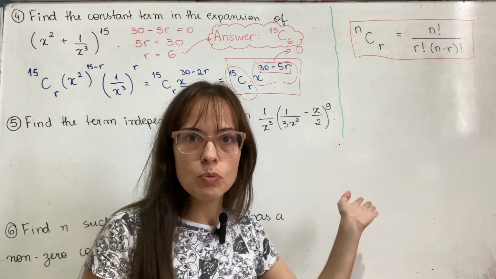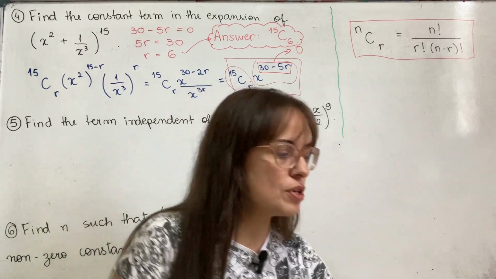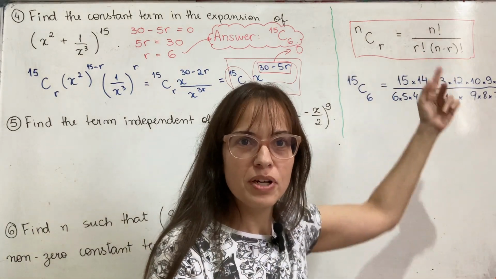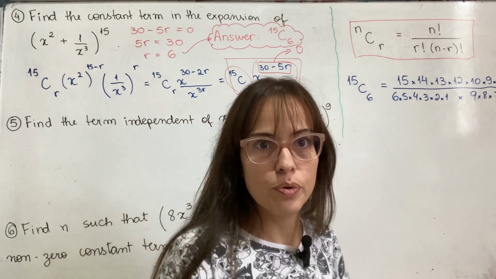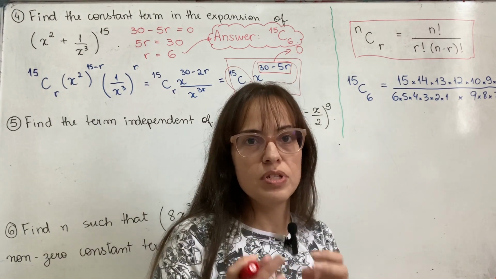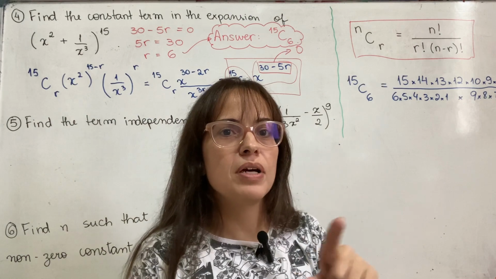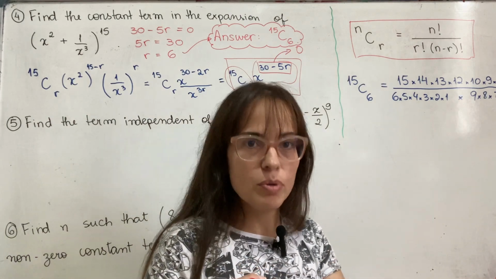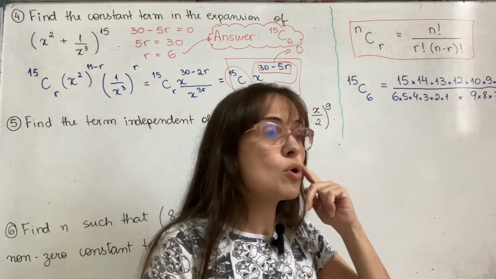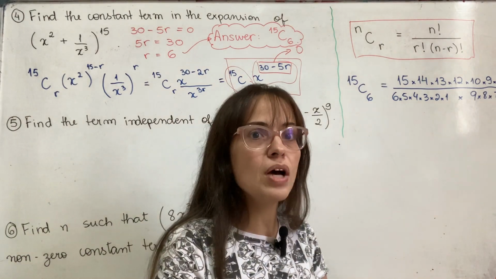So let's do that once. Let's put 15 and 6 over there. Those exclamation marks in the formula are factorials, right? So a factorial is when you take a number and then multiply by the next smaller number and then multiply it again by the next one, and so on and so forth until you get to 1.